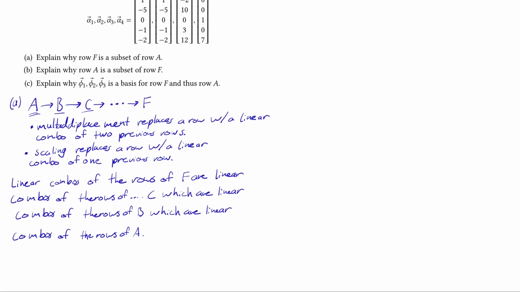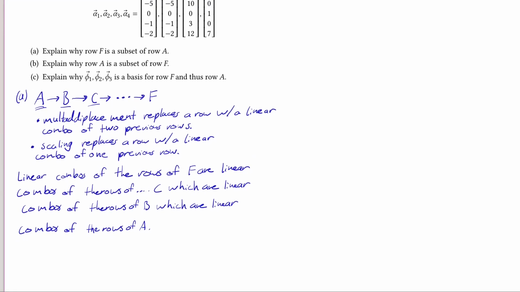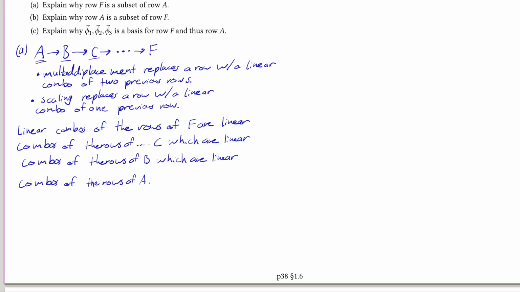Let's look at B. B is the same idea because row operations are reversible.